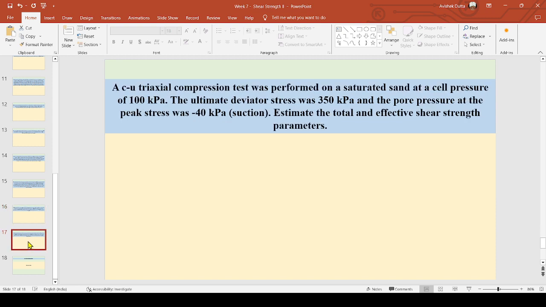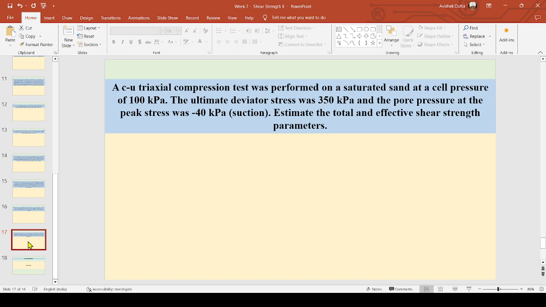A CU triaxial compression test, CU means consolidated undrained, was performed on a saturated sand at a cell pressure of 100 kilopascal. The ultimate deviator stress was 350 kilopascal and the pore pressure at peak stress was minus 40 kilopascal, that is suction.